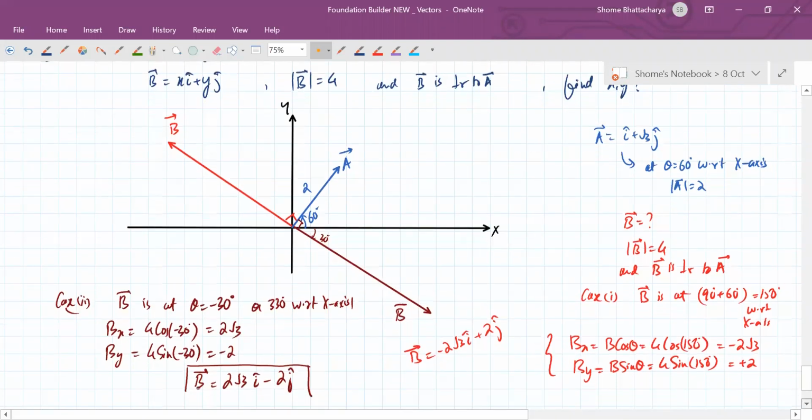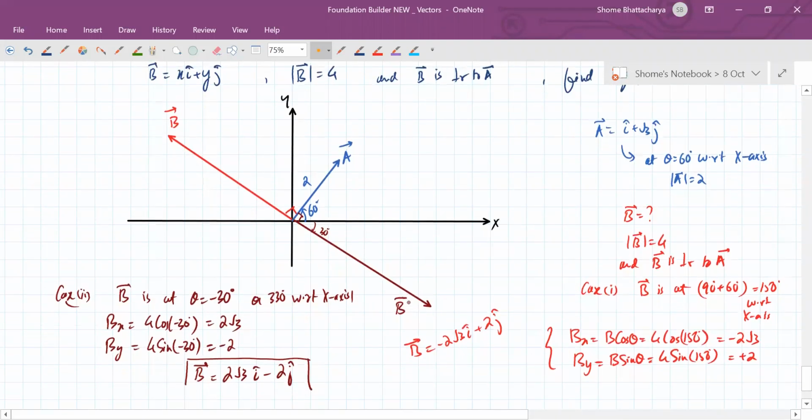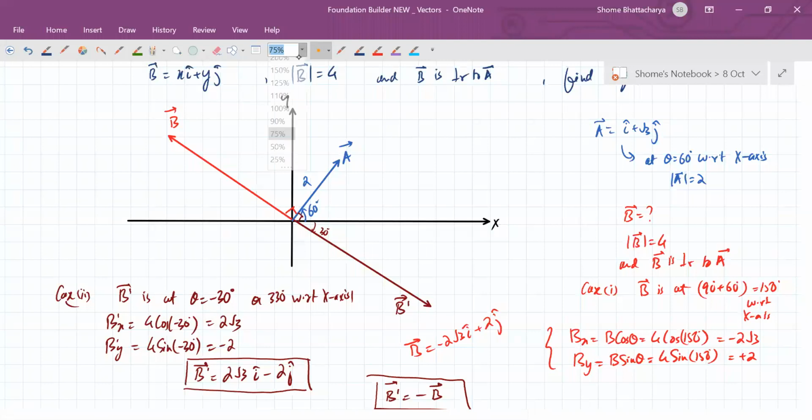Or you can see the two possibilities that I've written. Now just to differentiate the two, you can write this as B prime. So in other words, the vector B prime is the negative of the vector B. They are equal and opposite vectors. So those are the possible solution sets for x and y.